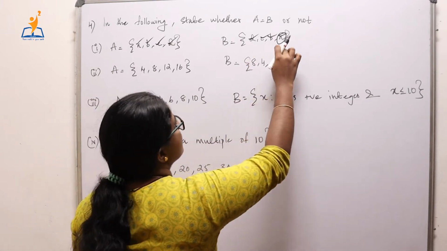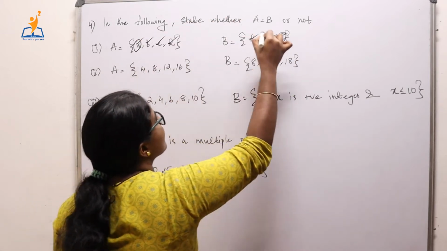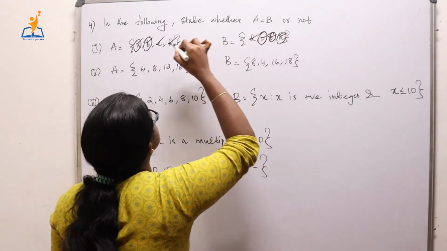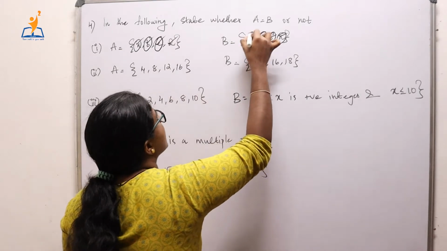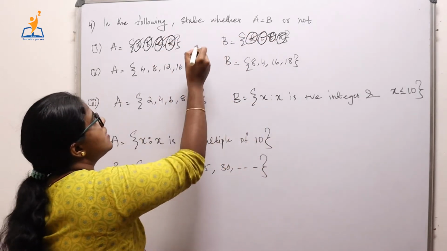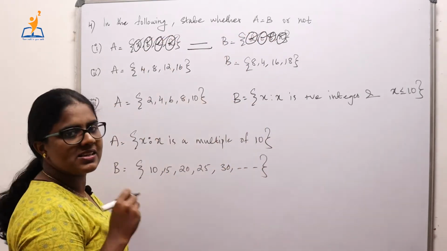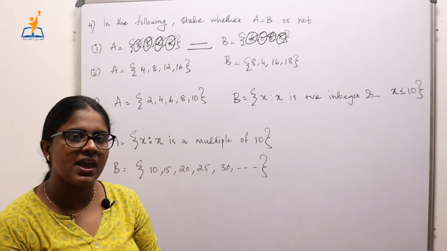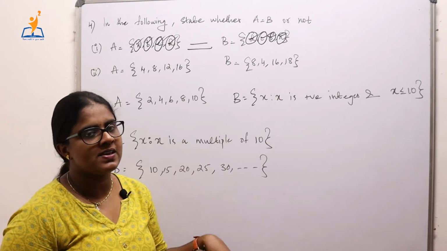We have to check. So it is clear that A equals B, because every element of A is in B and every element of B is in A.